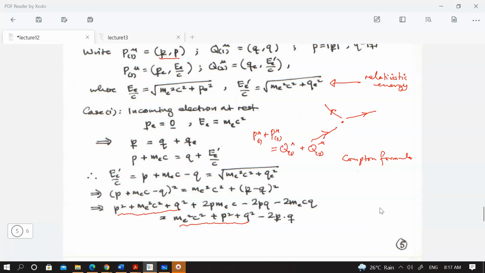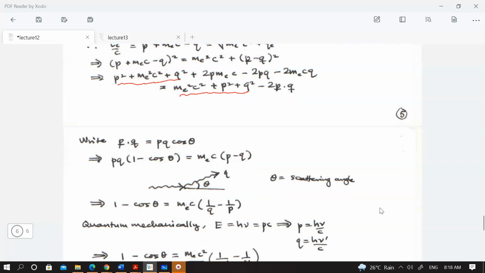Okay, so for this we'll try to make the connection of this P dot Q with this PQ. So one uses a formula that you have seen from vector calculus.